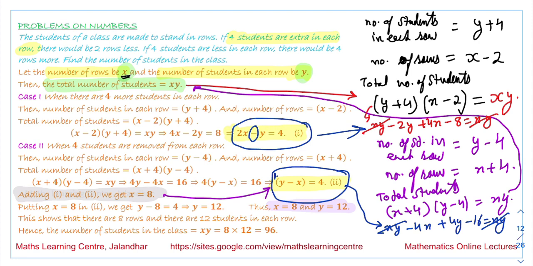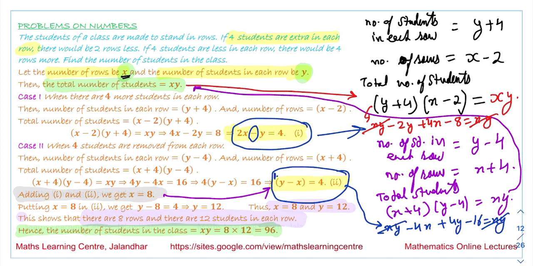So there are 8 rows and there are 12 students in each row, and this gives us the total number of students in the class. It is x into y, that is 8 into 12, equal to 96.